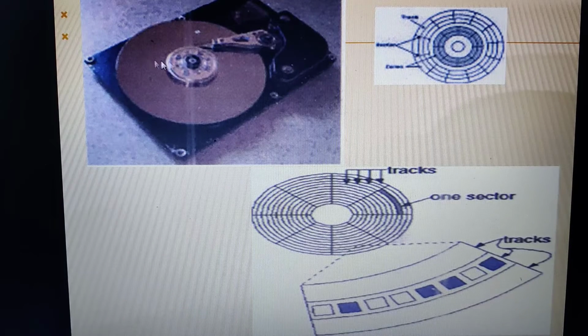At the time of writing the data, that means when you want to store the contents, the write head magnetizes the particles either onto the north or the south pole.